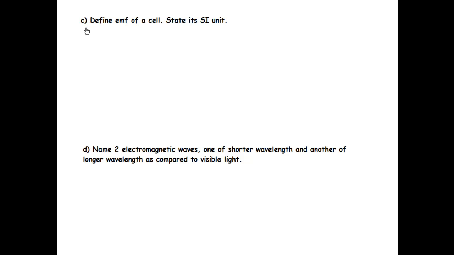Now question number 2c, define EMF of a cell, state its SI unit. Now EMF of the cell is defined as the potential difference across the cell when no current is drawn from the cell.